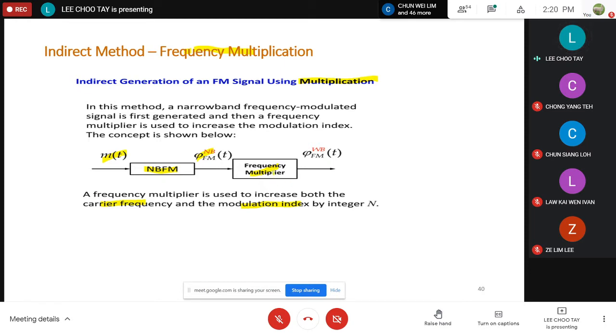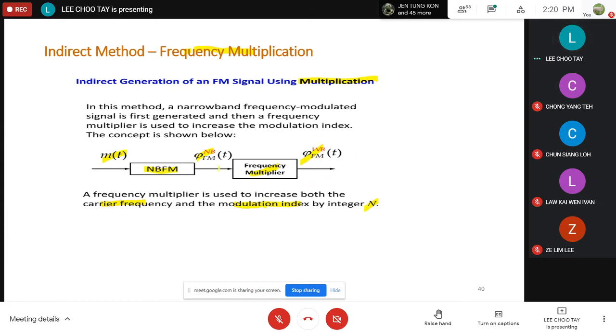So if it's n, then you are able to increase the center frequency by n times and also the modulation index by n times. Yeah, so if you increase your modulation index, that means your narrowband FM now will become a wideband FM. Okay, so that's the concept of indirect generation of FM signal using the multiplication technique.